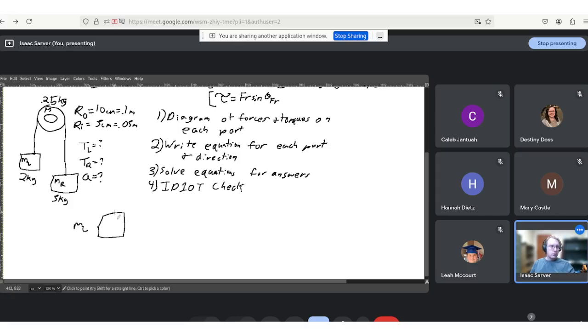Well, for some reason, I tend to not get the interaction I like to have off of remote teaching. So we've got tension going up on the left, and we've got gravity going down.